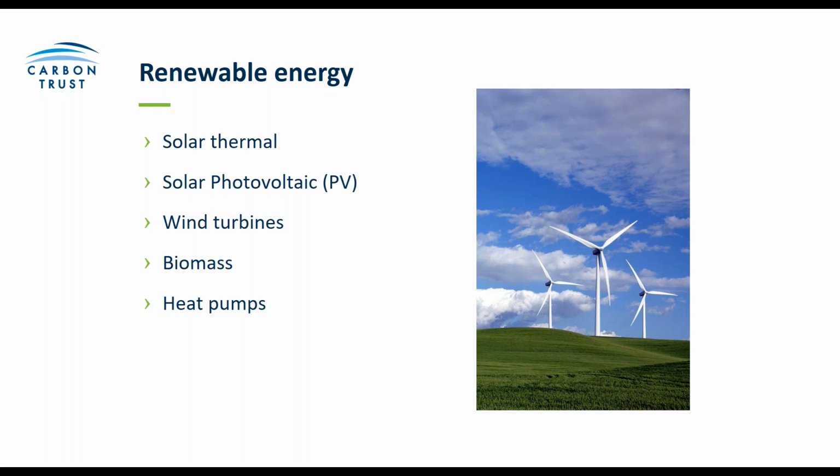If you have space available, then wind turbines may, depending on the location of the school, be a viable option. And also things like either biomass heating or air and ground source heat pumps may be viable options.